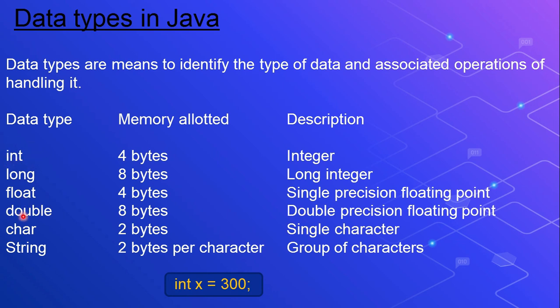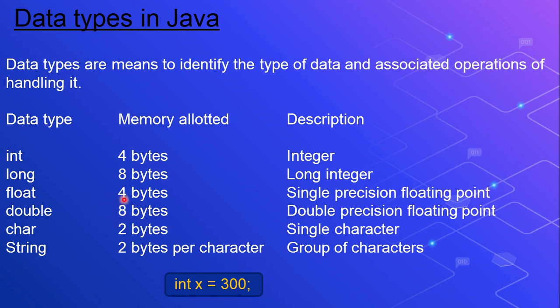Now float and double. These two can store real numbers, that means numbers with decimals. Their difference is that float can store 4 bytes of data and double can store 8 bytes of data.